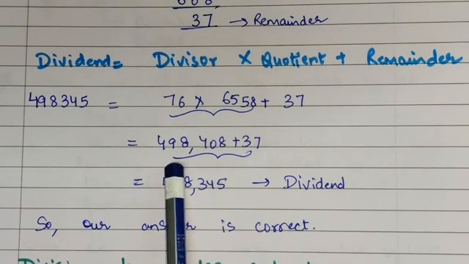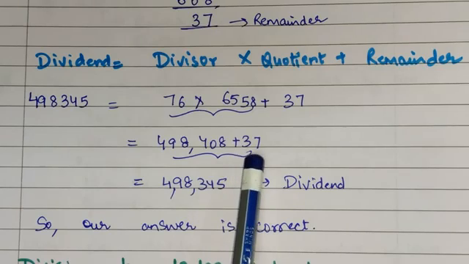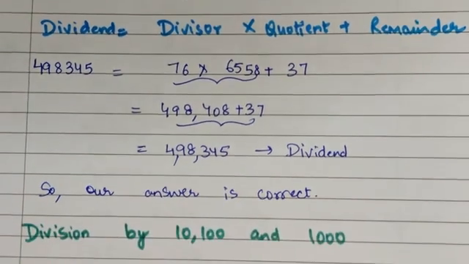So what we get? 4,98,408, and on adding 37 to it we get the same dividend. So it means our division is correct.